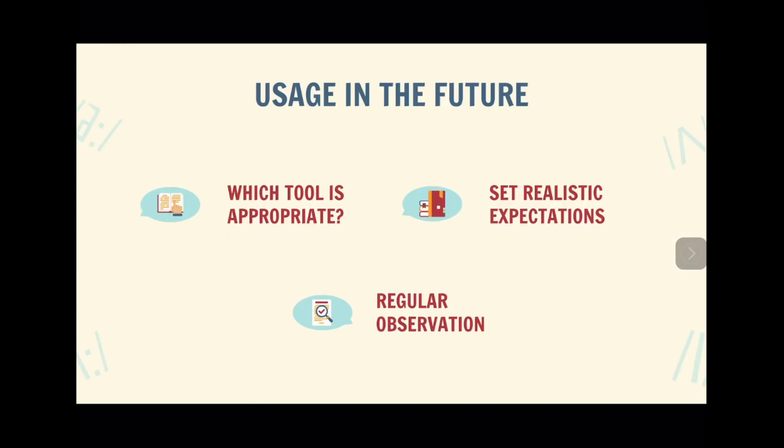So the second way I will use observation tools is to utilize the documented data to set realistic expectations for each child and design appropriate activities that foster socialization, growth, and development.